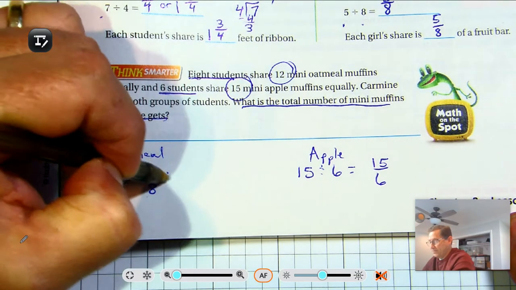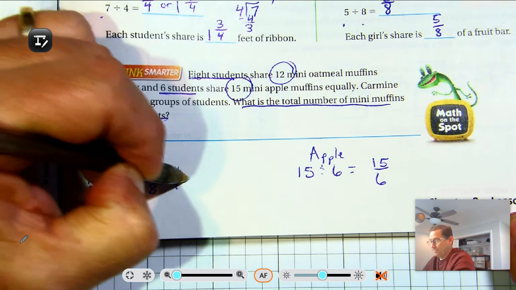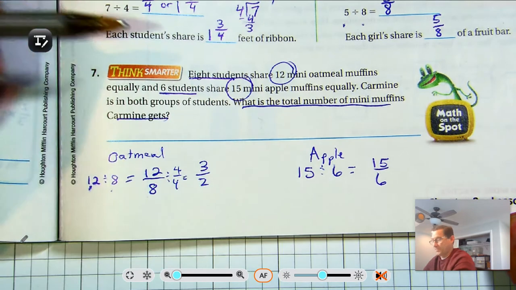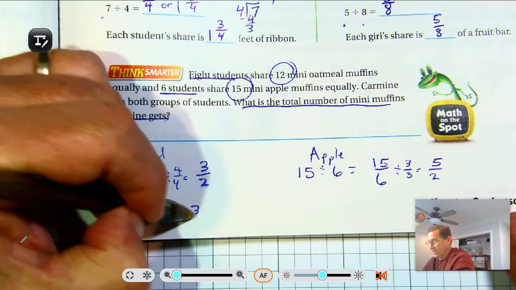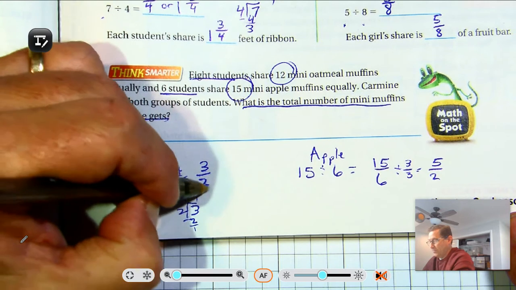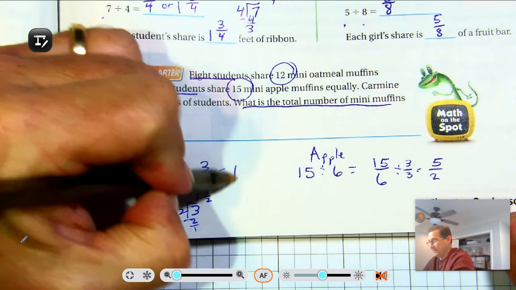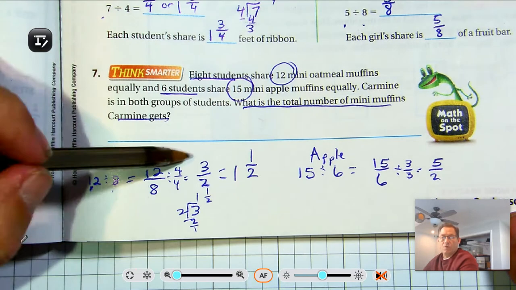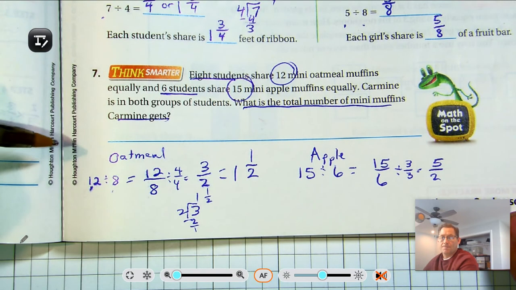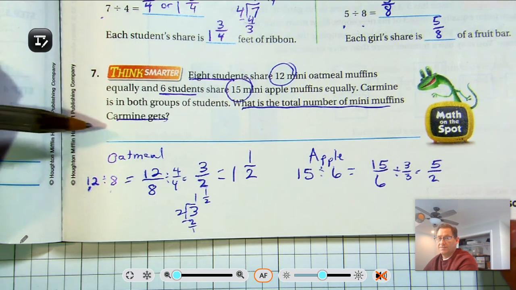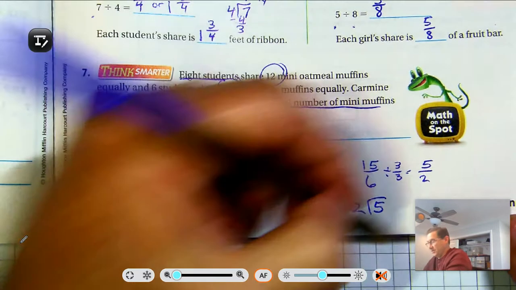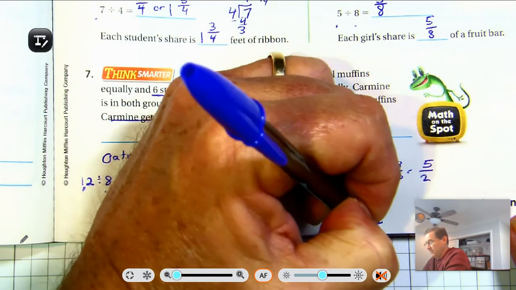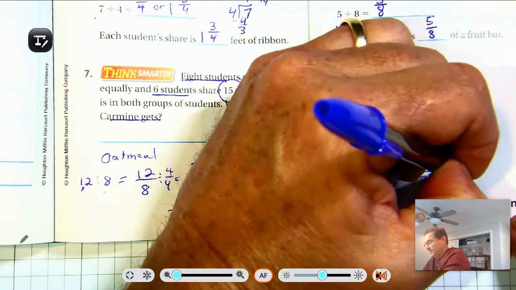So 12/8, I can reduce that by dividing by a factor of 4, and I get 3/2. 15/6, I can reduce by a factor of 3, and I get 5/2. Well, 3 divided by 2 is 1, with 1 left over, so 1 1/2. All right, so Carmine's going to get 1 1/2 mini oatmeal muffins, and she'll also get 5 divided by 2 here. She's going to get 2 whole muffins and a half of the other one.